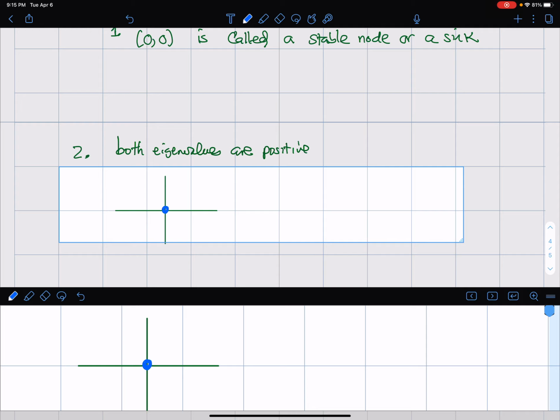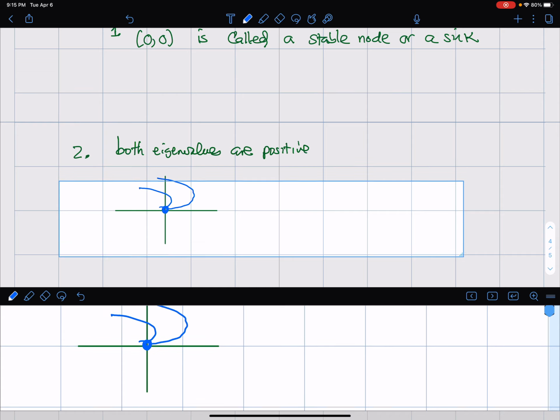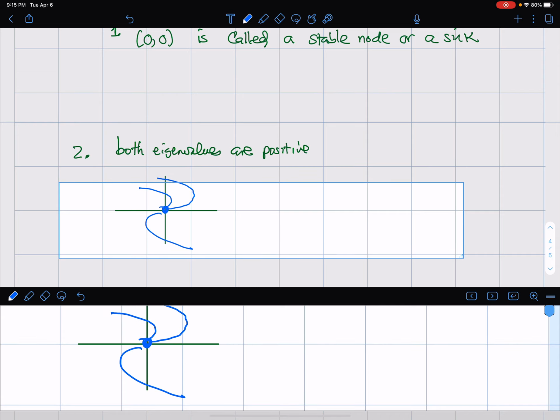Assuming you've got 1 and 4, you will get trajectories of this form, like this, like that.